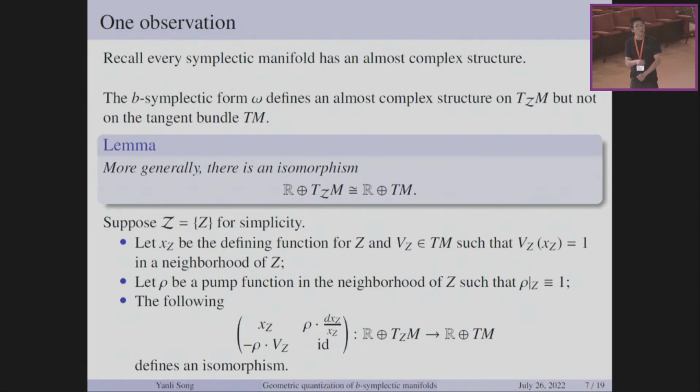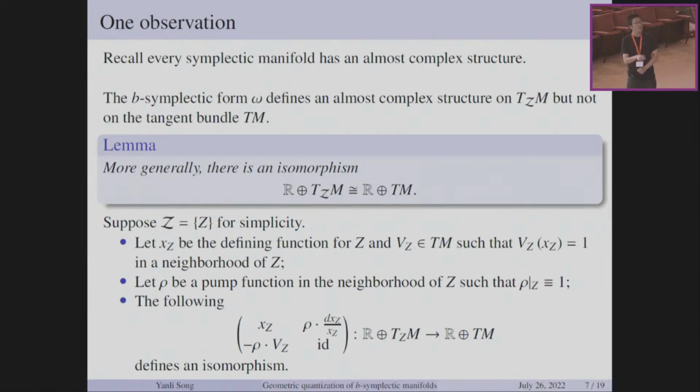But if you direct sum, here R means the trivial real line bundle on the manifold, the tangent bundle of the two-sphere, which is non-trivial, with the normal real line bundle, it becomes a trivial bundle. So we have an isomorphism.